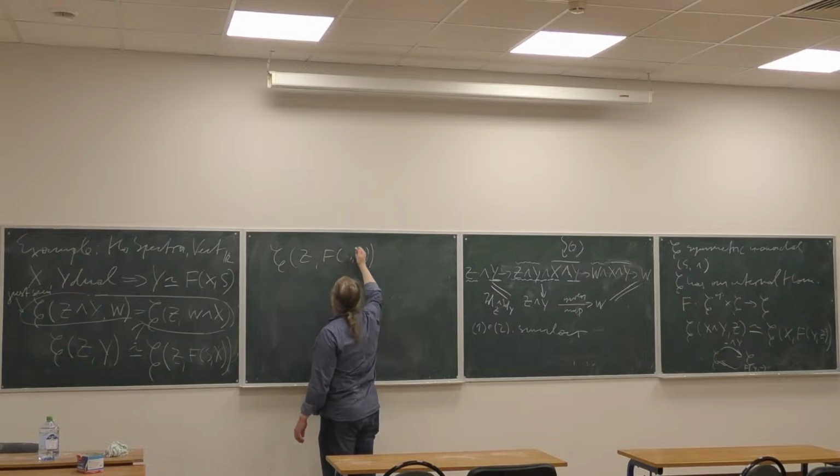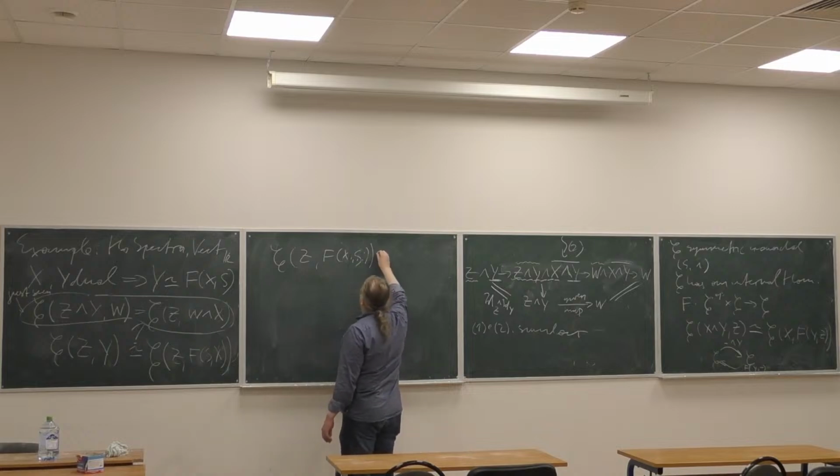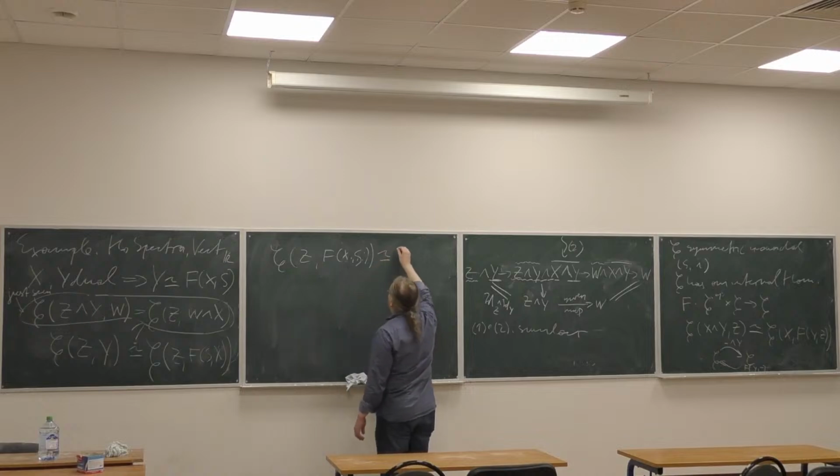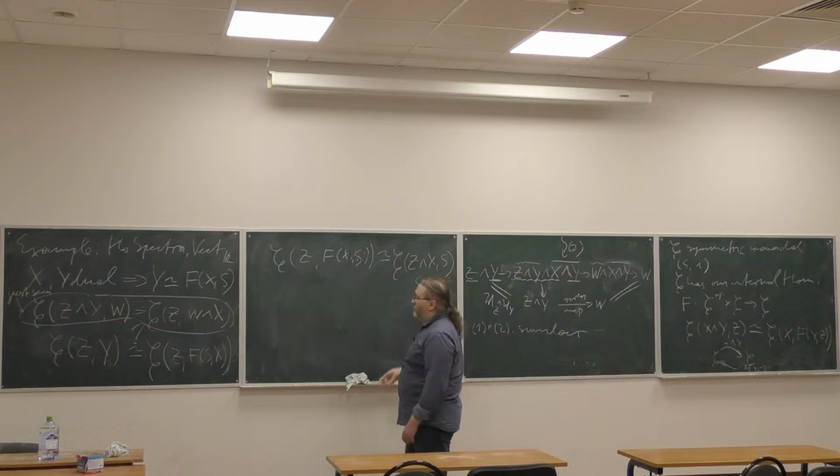Oh, sorry, it's isomorphic to C of Z wedge X, S, and this is isomorphic by what we've just seen.